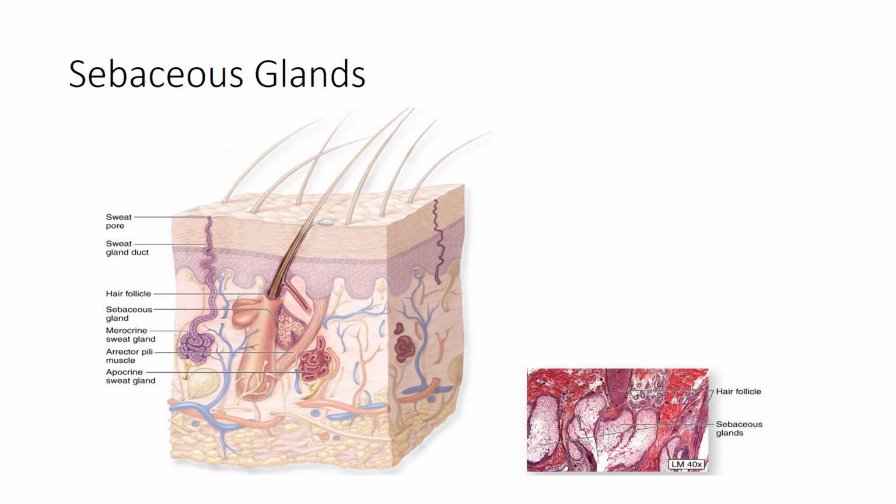All right, and the last type of gland is the sebaceous gland, which secretes oily sebum into hair follicles or directly onto skin surfaces. Here we have an example of a sebaceous gland, and in this image the gland directly empties its sebum into the hair follicle.